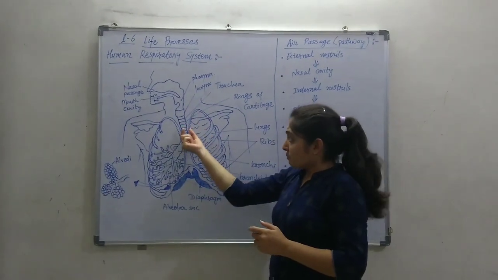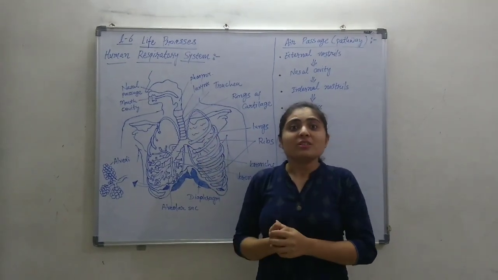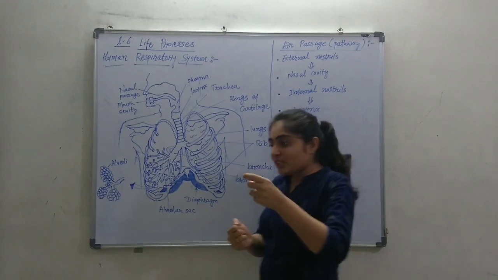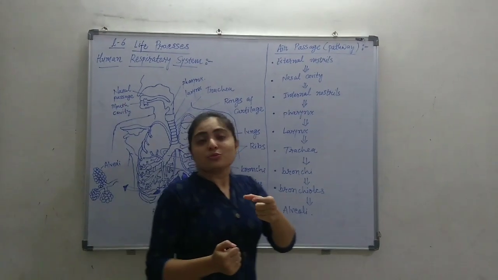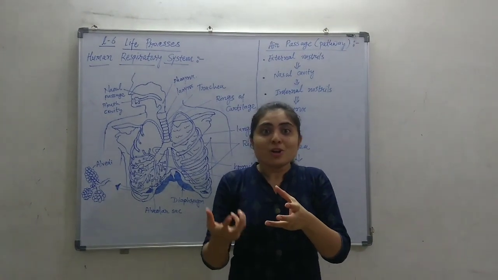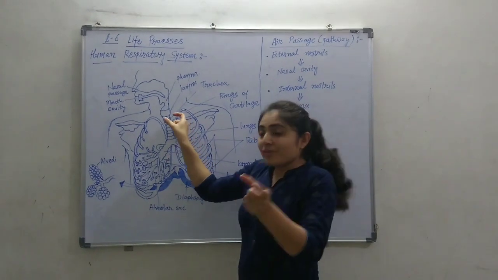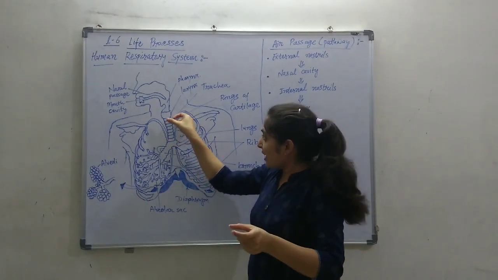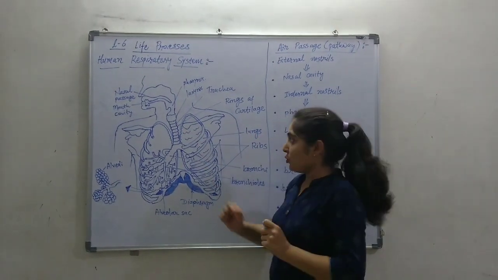This windpipe is surrounded by C-shaped rings of cartilage that give support to the trachea. So if air is not present inside the trachea, it doesn't collapse. To prevent the collapse of the trachea, the C-shaped rings are present around it.